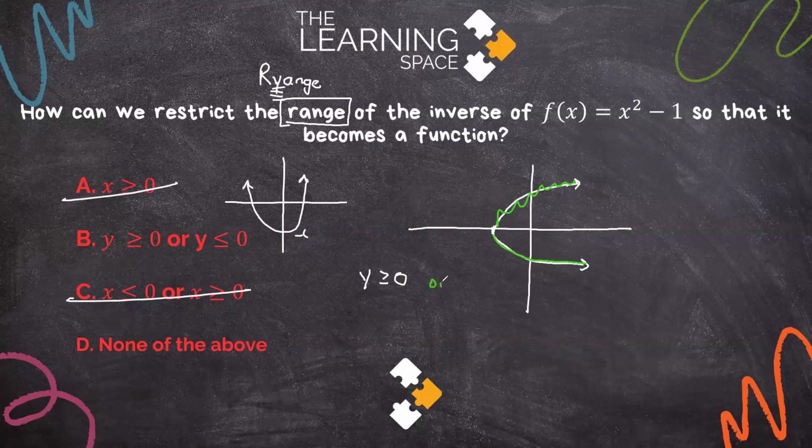So this is the other part where we have y is less than or equal to 0. So the thing is that this question was asking how can we restrict the range of that inverse so that this is a function. We're not restricting the domain of the function. So the correct answer will be B. A lot of people got that one right.